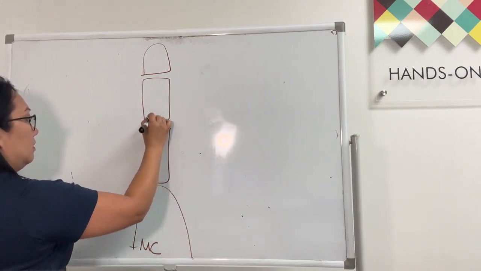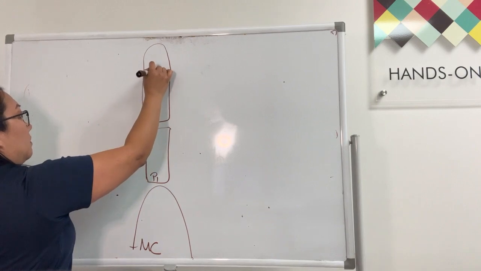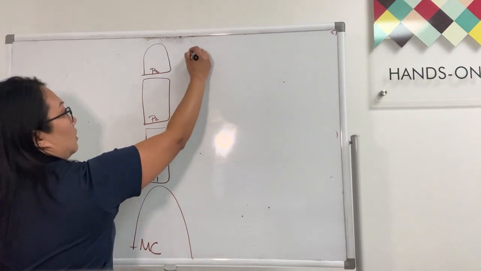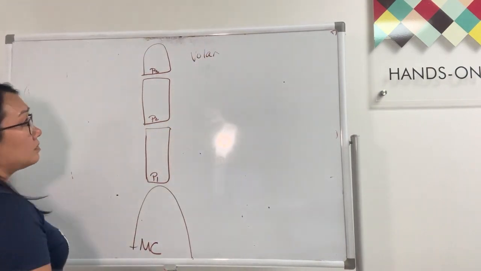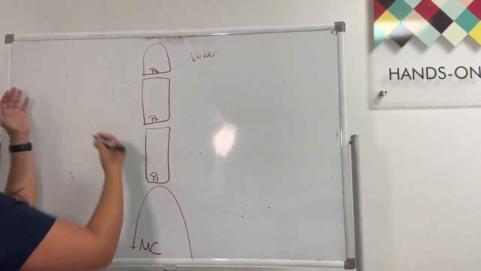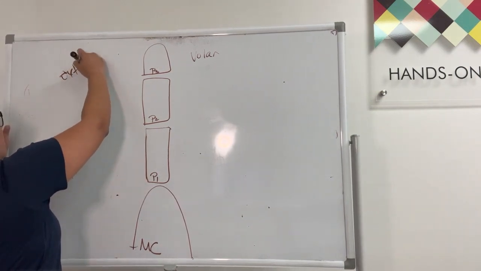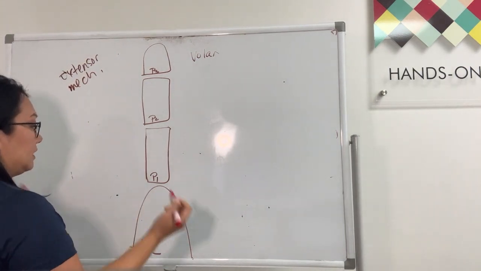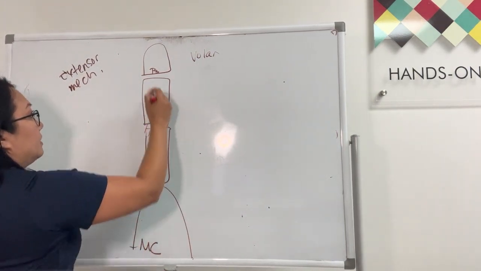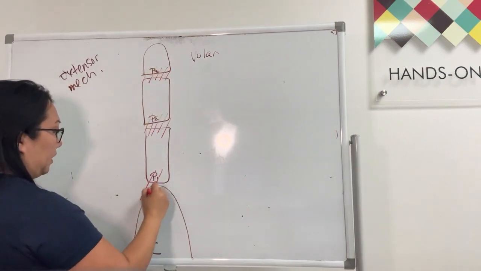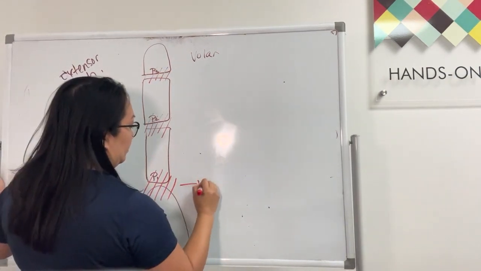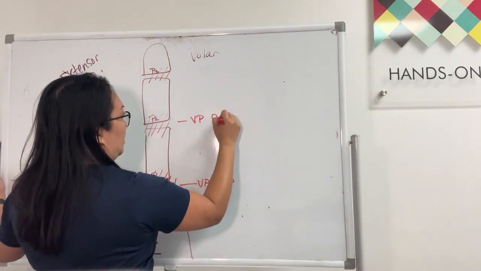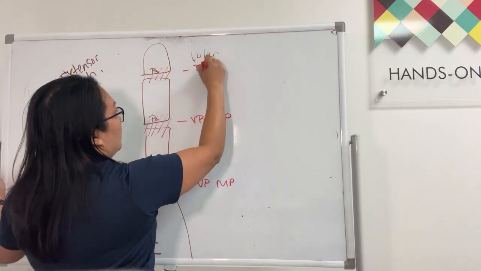This is P1, P2, and then P3, right? If you're looking like this is volar, right? And then on the back is dorsal. So on the back, you can't see the extensor mechanism, but you know it's there, right? And then on the front side, you have your volar plate. Volar plate of the MP, volar plate of the PIP, and of course the DIP has a volar plate too.